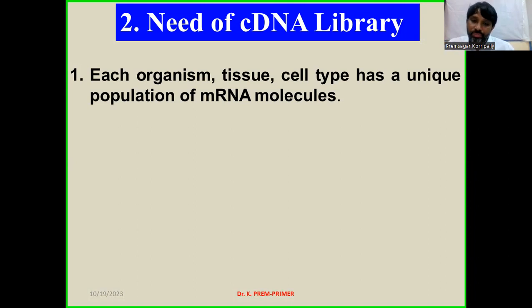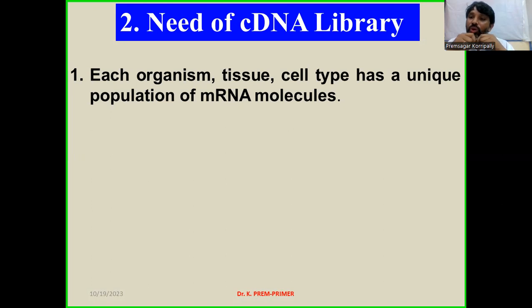So what I'm trying to tell you is that any cell expresses a set of genes, and those mRNAs are converted to proteins so that the cell can survive or thrive in a particular condition. Whatever genes are required to thrive or tolerate or adapt to the environment will be expressed.